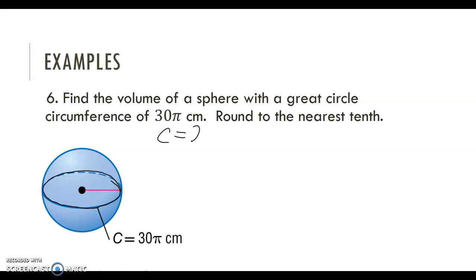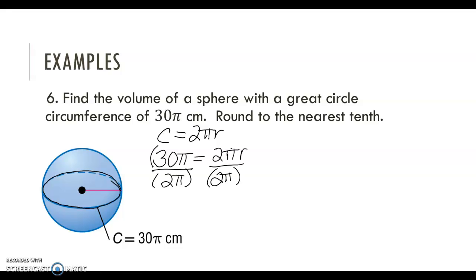So circumference is 2 pi r, replacing the circumference with 30 pi equals 2 pi r, dividing by 2 pi, we get that r is 15 centimeters.